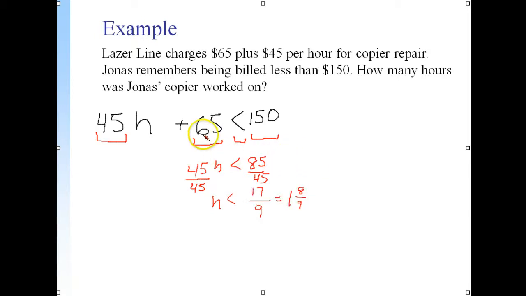So we subtracted 65 from both sides. We divided both sides by 45. So the amount of hours, when I simplify this, in an improper fraction form would be this. In a mixed number form, it would be this. And then in decimal form, it's like 1.8 that repeats and repeats. Okay.